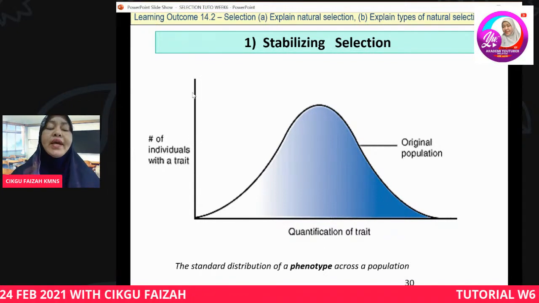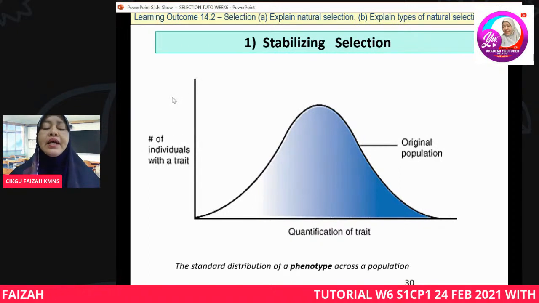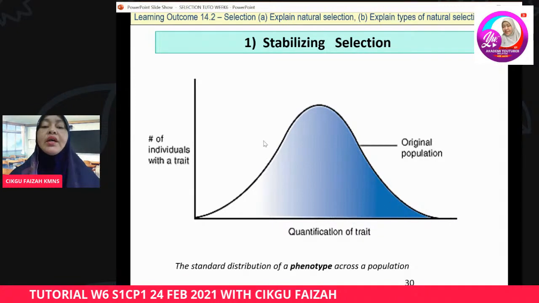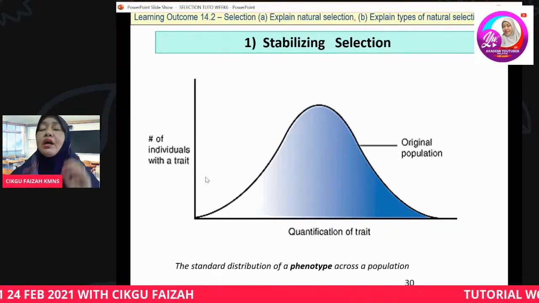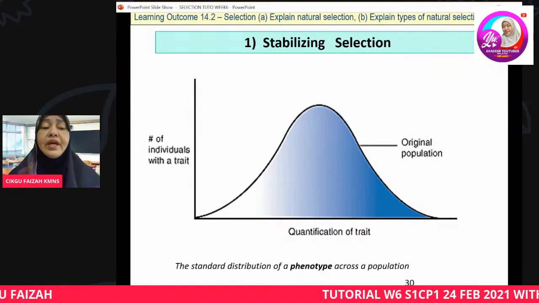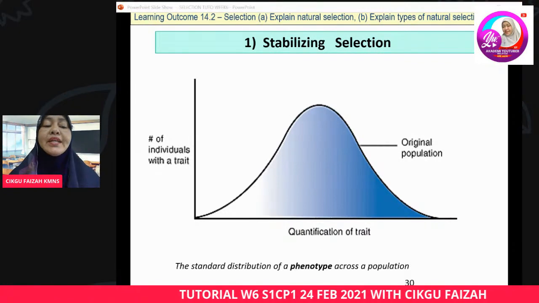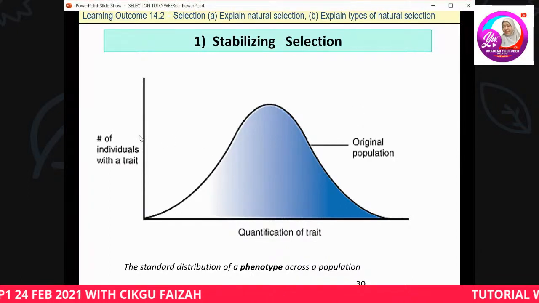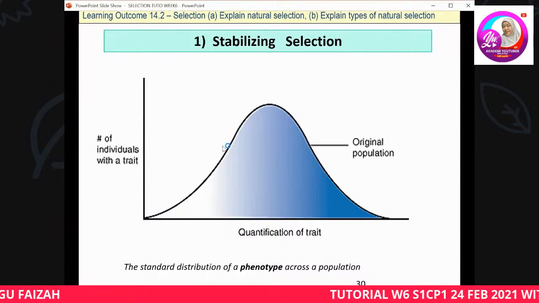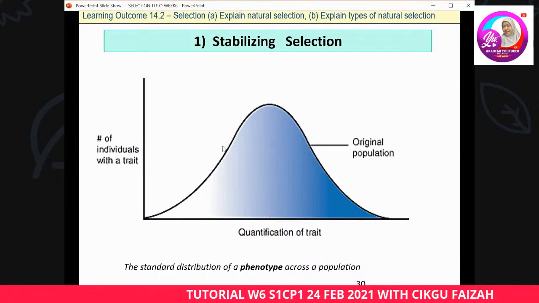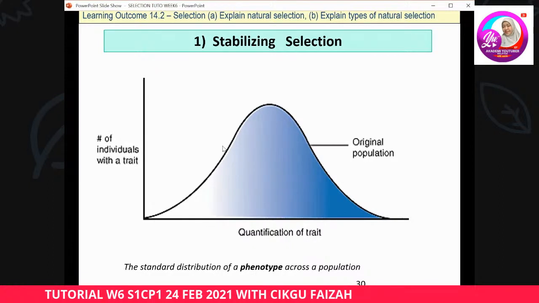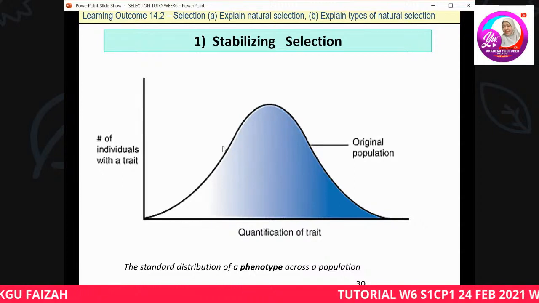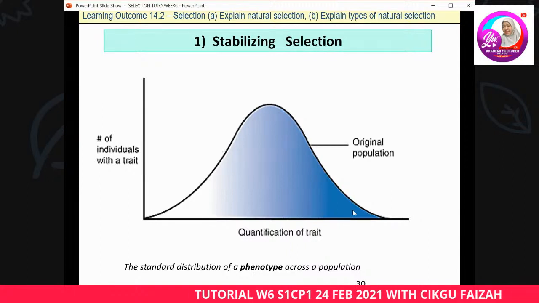Again, the x-axis is the quantification of the trait or the phenotype. Teacher repeats, class. What do you plot on the y-axis? The y-axis is the number of individuals, because when the teacher started defining natural selection, we are referring to the individuals that carry a certain phenotype, against the phenotype on the x-axis.